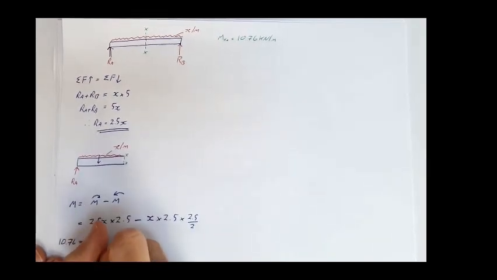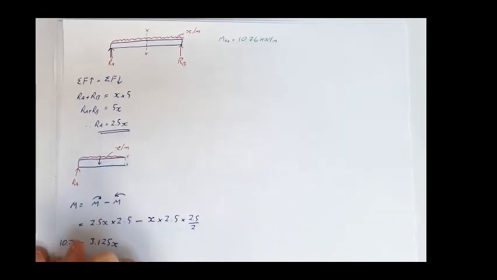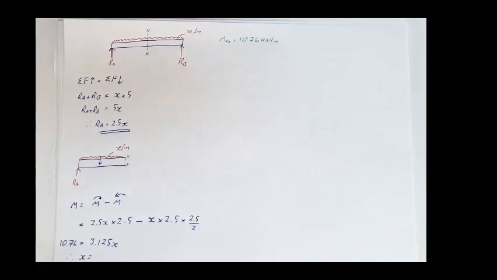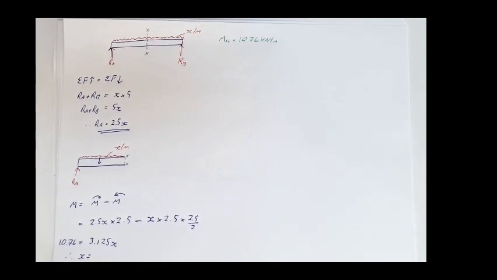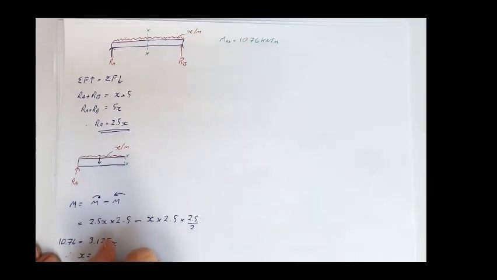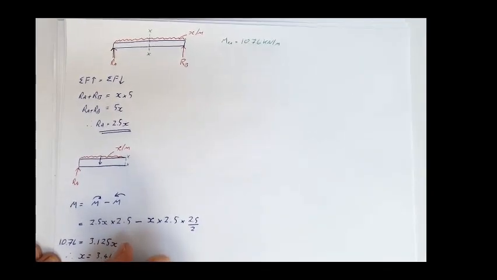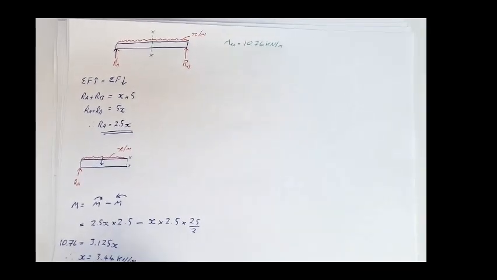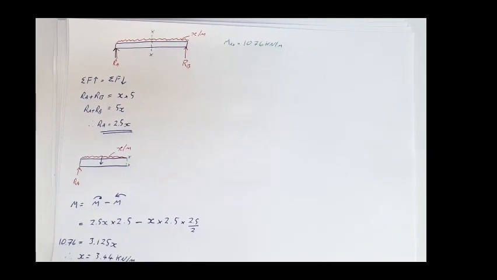It's equal to 3.125x. So therefore x equals 10.76 divided by 3.125, which is 3.44 kilonewtons per meter. So that's the maximum UDL that this beam can carry, 3.44 kilonewtons per meter.